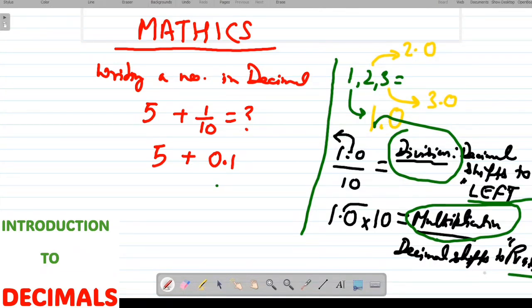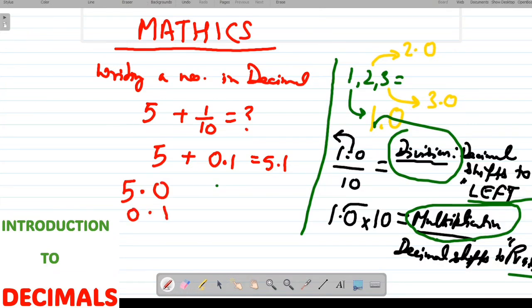Suppose we capture 5 plus 0.1. What will be the answer? 5 plus 0.1, that will be 5.1. How did it happen? Let me show you. 5 can be written as 5.0 and 0.1 could be written as 0.1.